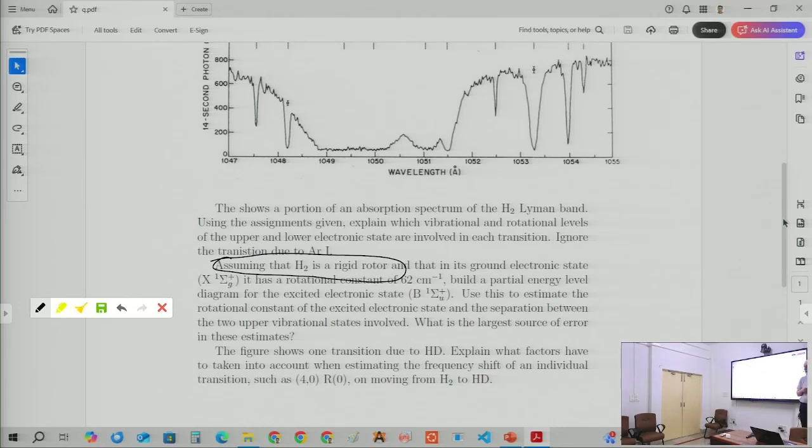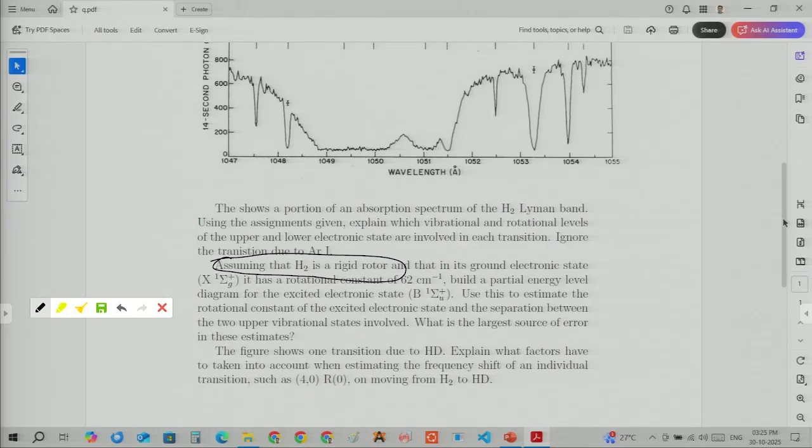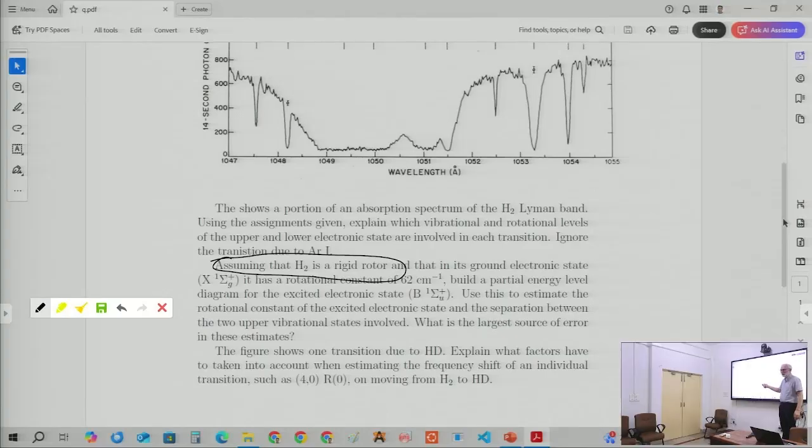When you're doing a combination difference using one upper level and one lower level, the lower level is going to be more accurate than the upper level because you get a bigger centrifugal distortion. That's a source of error you can get rid of by using the proper energy levels. The other source of error is inherent to the spectrum. Okay?